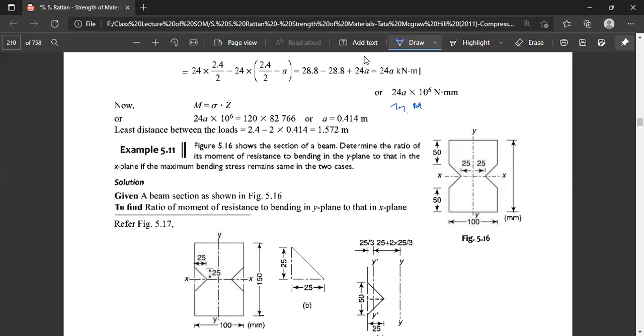Maximum bending moment on a given section for a given maximum value of bending stress.